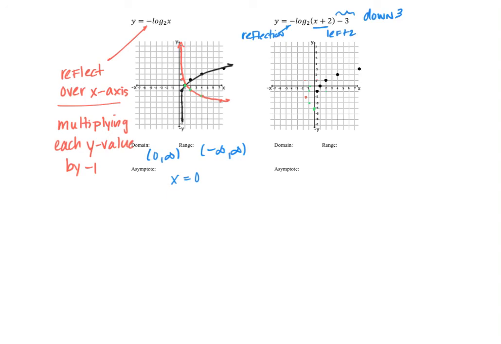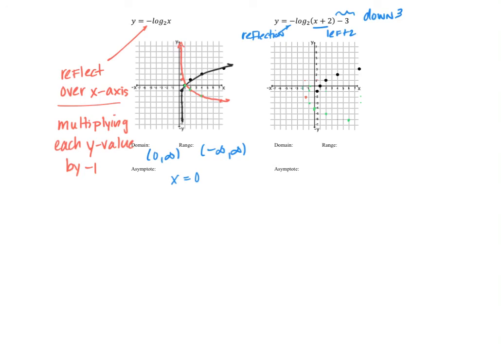Next one, I was at 4, negative 2. If I'm starting at 4, negative 2, I'm going to go left 2, boom, boom, down 1, 2, 3, puts me here. And the last one was at 8, negative 3. So now starting at 8, negative 3, I'm going to go to the left 2 and down 1, 2, 3. So when I went left 2, that moved my vertical asymptote from x equals 0 to x equals negative 2.